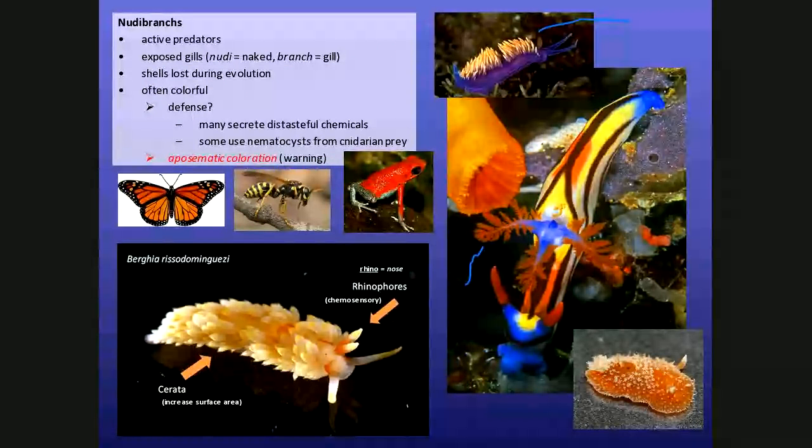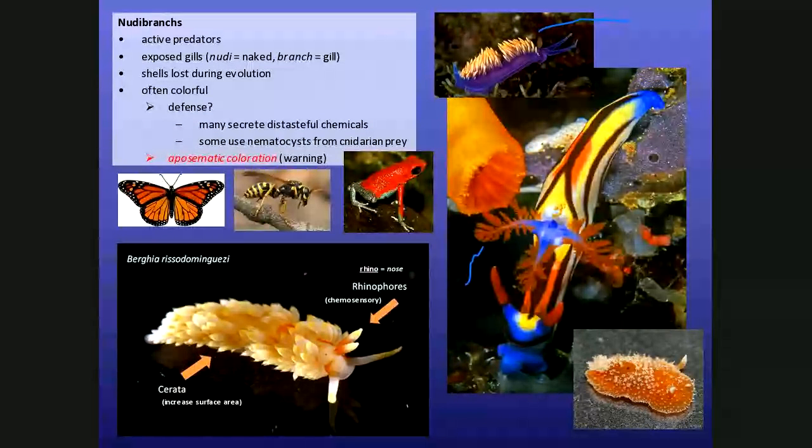They're very colorful because organisms that would generally want to feed upon them have learned that these brightly colored critters, for one thing, either don't taste very good, so they're very distasteful, or some of these guys, since they're predators, they feed on cnidarians, and they take the stinging cells, the nematocysts, right? And they don't digest them.